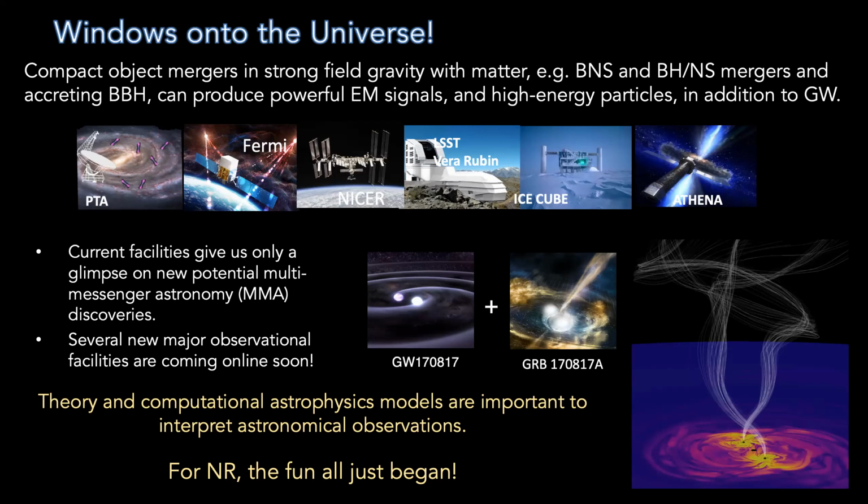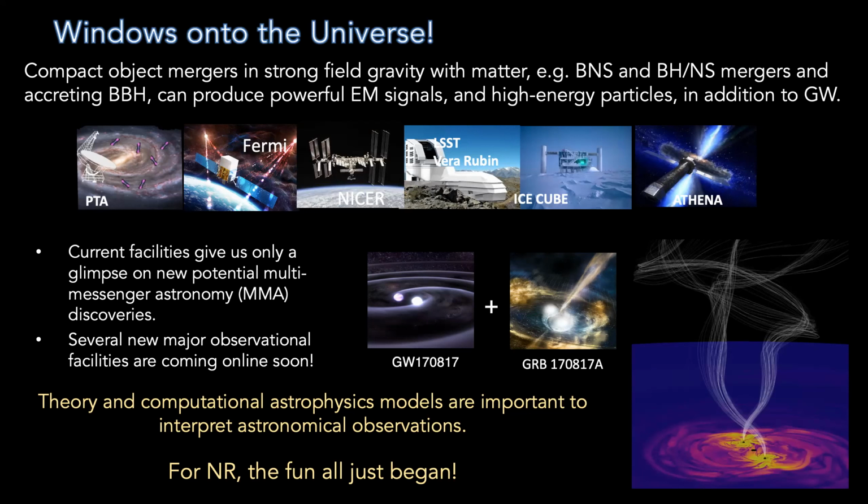Those can also produce very powerful electromagnetic signals and high energy particles, in addition to gravitational waves. So there is a great potential for contributing to the observations of not just the current facilities, but future astronomy facilities. And there are many that are coming up very soon.